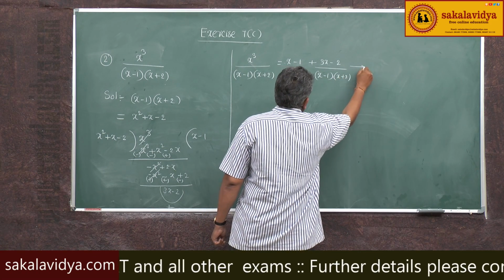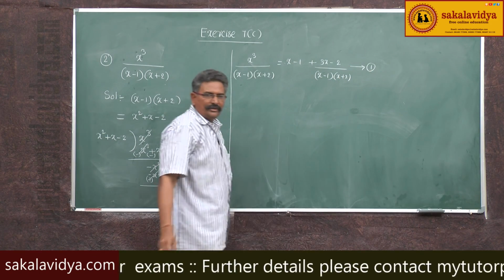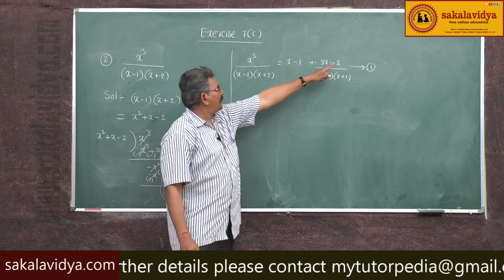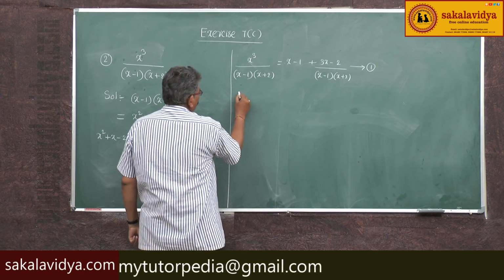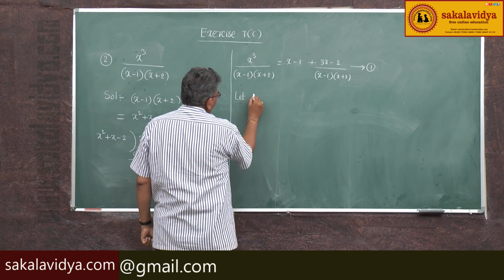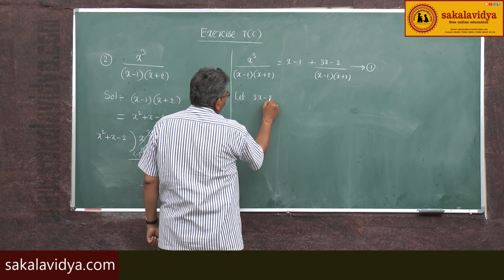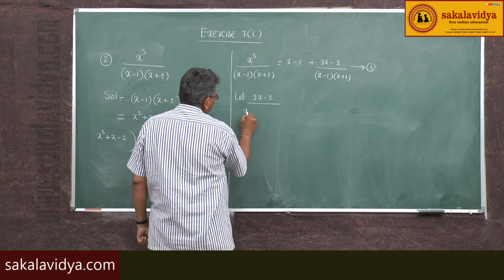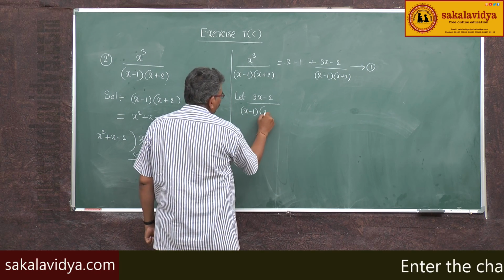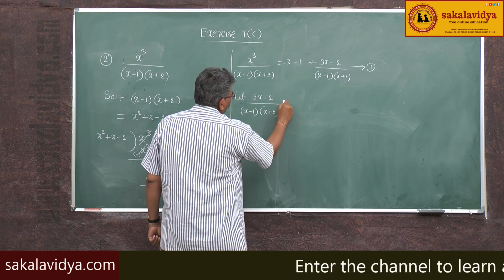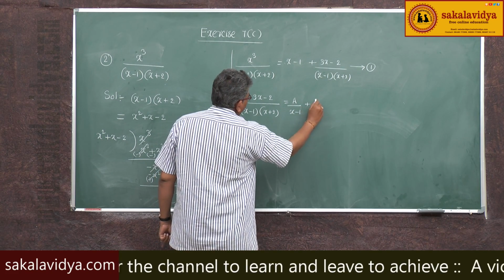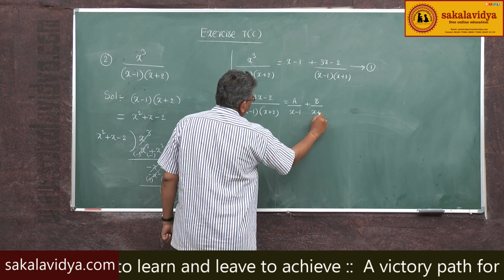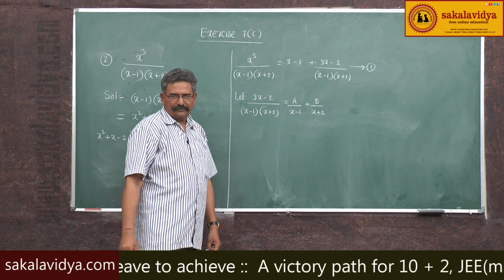Say equation 1. Now, let us find out partial fractions of this proper fraction. So, let 3x minus 2 by x minus 1 into x plus 2 equal a by x minus 1 plus b by x plus 2. This is as per rule number 1.